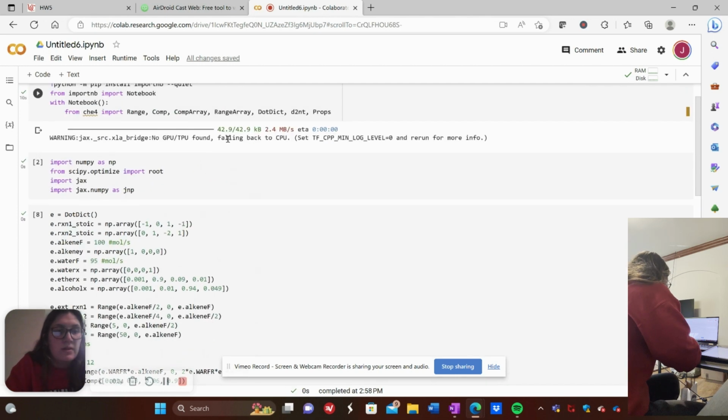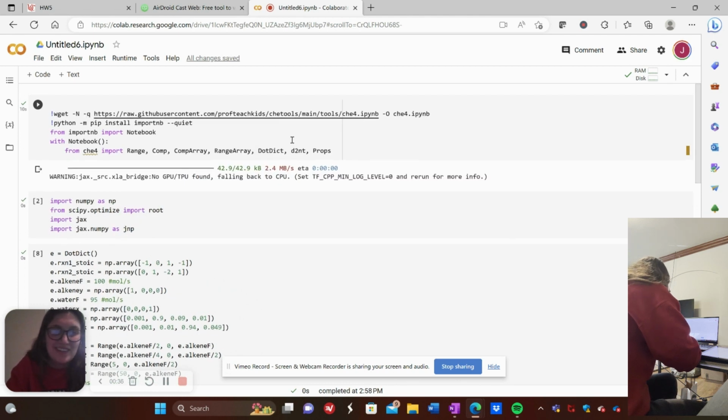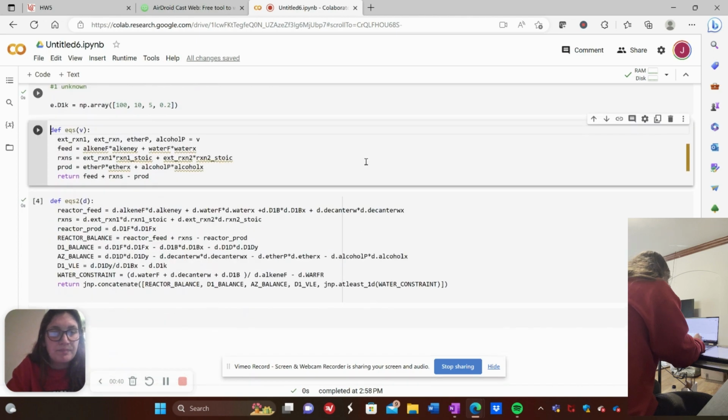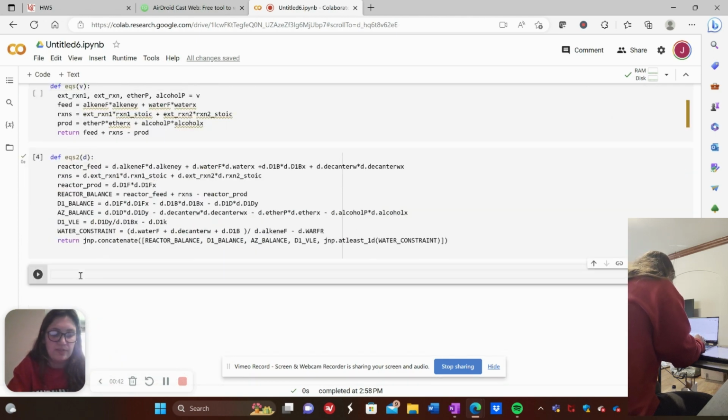There we go. Okay, so now what we want to do is come up here and use this d2nt. And so this returns 5 things. So we have x naught, which is our initial guess. It gives us x to nt. It gives us wrap. It gives us x to unknown and constant.